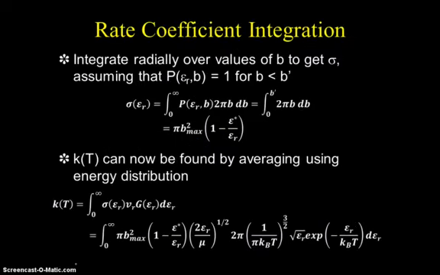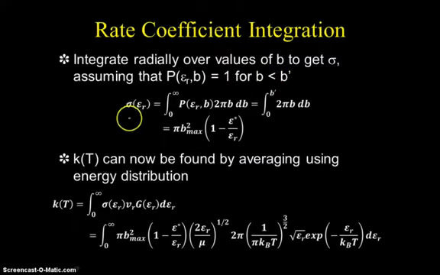Based on that, we can integrate radially over all possible values of b to get sigma, which is the effective reaction cross-section. We assume that the probability of epsilon r and b being 1 is equal to 1 for b less than b prime. So basically, if b is less than the critical value, then we assume that the reaction automatically occurs.